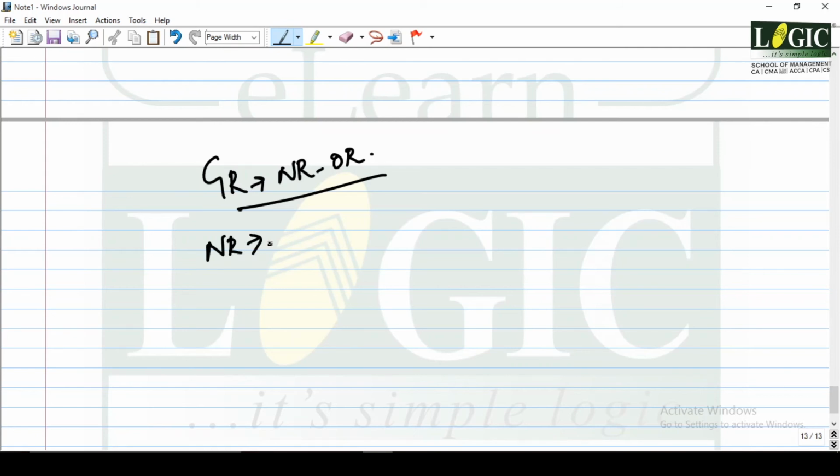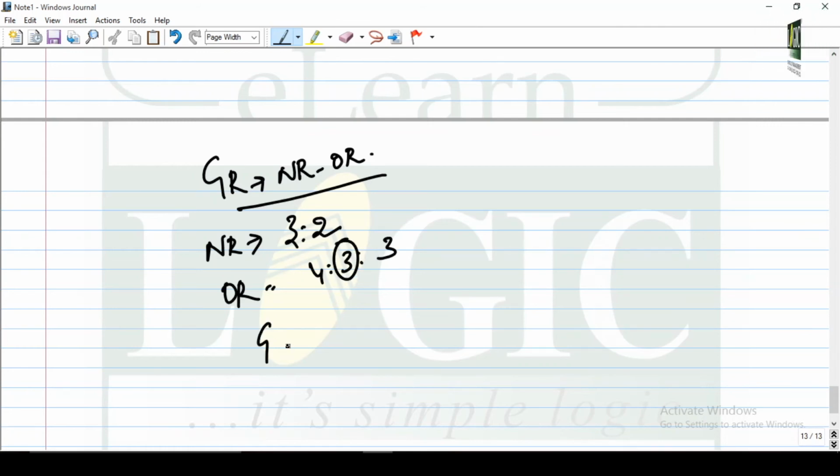Towards the fag end of the question, it is stated new profit sharing ratio is 3:2. What is old ratio? 4:3:3. Now what is gain? This man retires. What is gain of A? That is gain of A is equal to 3 by 5 minus 4 by 10.